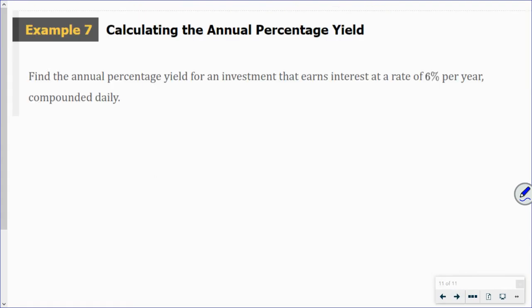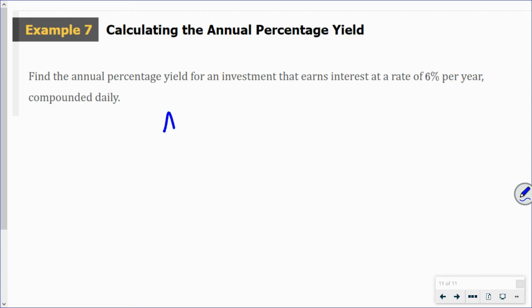Okay, last problem here. Find the annual percentage yield for an investment that earns interest at an interest rate of 6% per year compounded daily. Our percent yield here, we're still going to use this formula.